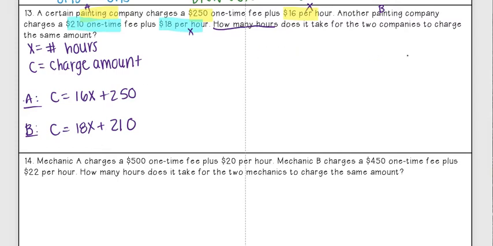I'm looking to see when they charge the same amount. And so when they charge the same amount, it's when these two equations are equal to each other. So I have 16x plus 250 is equal to 18x plus 210. And then now I'm going to solve that. So I want to get all of my variables on one side, so I'm going to move the smaller one first.